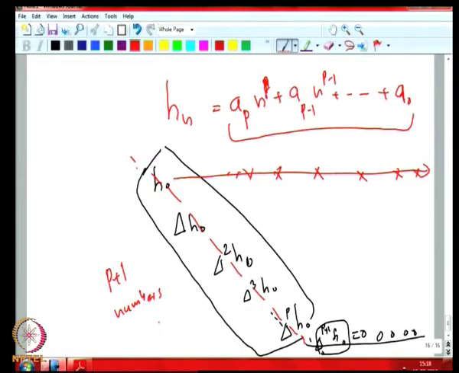This will completely determine the difference table. This is the advantage of understanding that. So, this full difference table can be represented either by the 0th row or by the 0th diagonal.